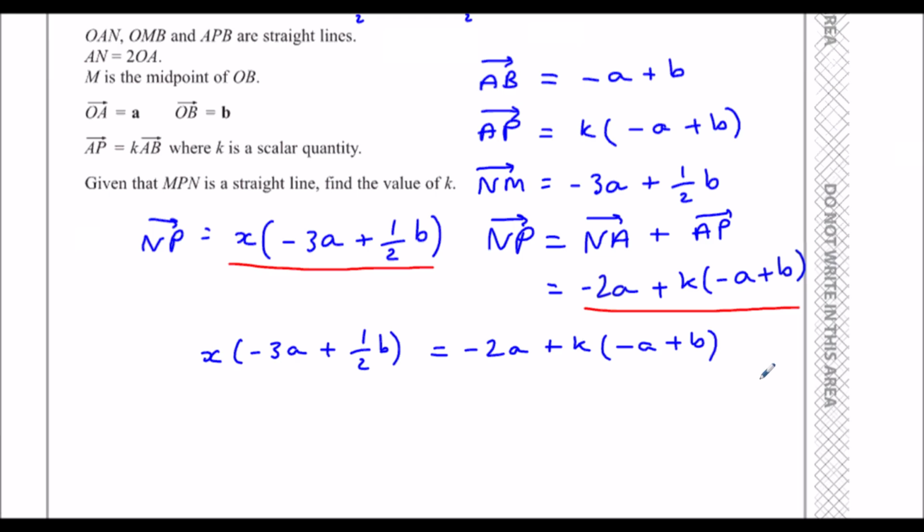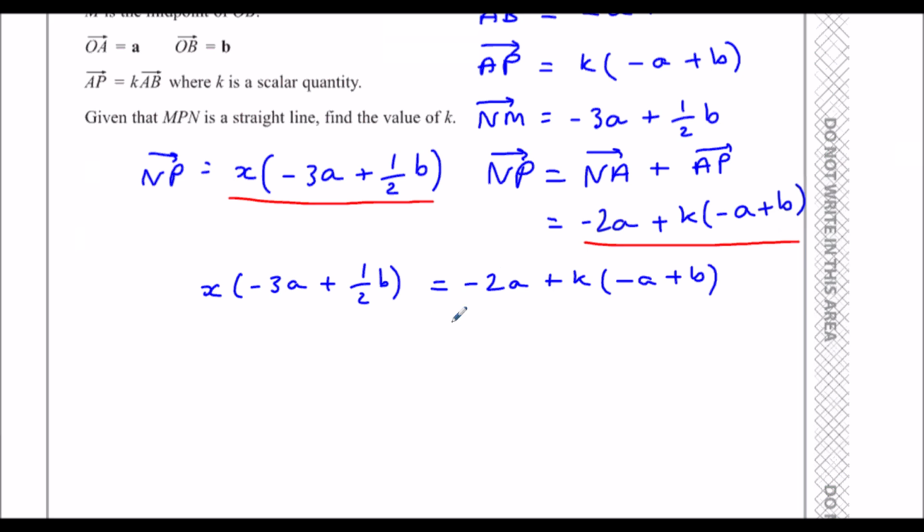And to solve this, I'm going to separate the A's and the B's. So the A's must be equal and the B's must be equal. I'm going to rearrange it slightly, so I've just got one expression for A and one for B separately. So I'm going to expand these brackets first.